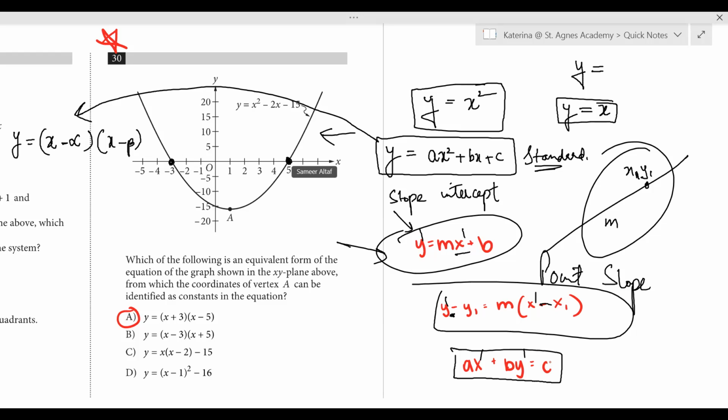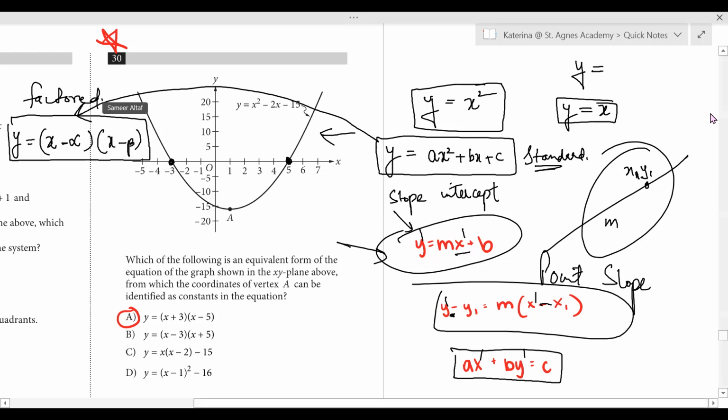You can write a and b, not a problem, but it should not be confused with the a, b in the standard form. That's why I have written alpha beta. You can write x minus p times x minus q, anything, but those 2 points are actually the x-intercepts of the parabola. So this is the factored form of writing a parabola.